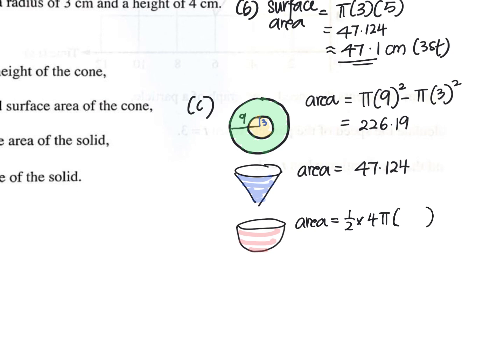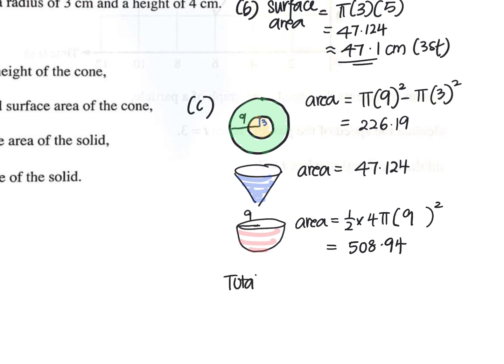What's the radius for the whole hemisphere? 9 cm, so 9 squared. And that will give me 508.94 in 5 sig fig.